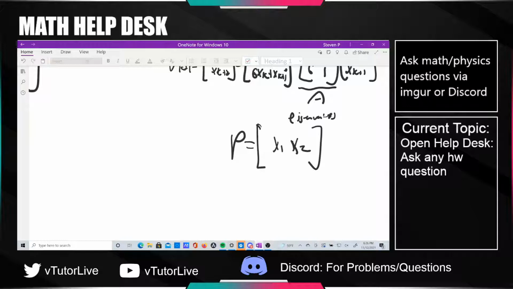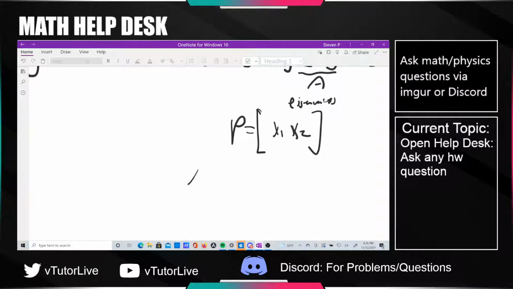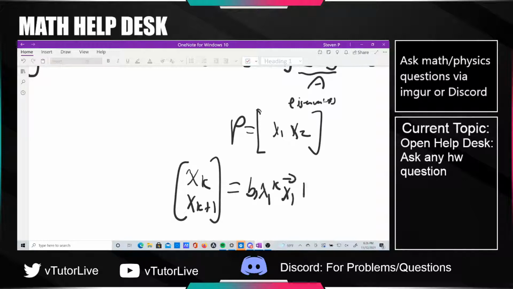Yeah, so look, it's exactly the same process. I think you just got to follow through this example, right? At some point, you're going to end up with some expression for xk and xk plus 1. Looking at the example right here, it's going to be equal to b1 lambda 1 to the k x1 plus b2 lambda 2 to the kth power x2.